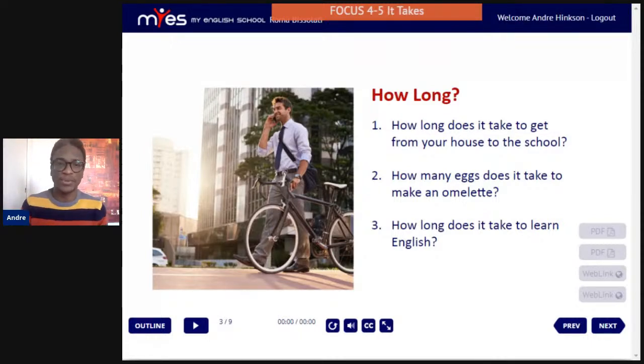So in this case, we're asking you the length of time that you travel from one location to another. Well, for me, it takes 35 minutes from my house to my English school. So that is the length of time I travel from my house to the school.